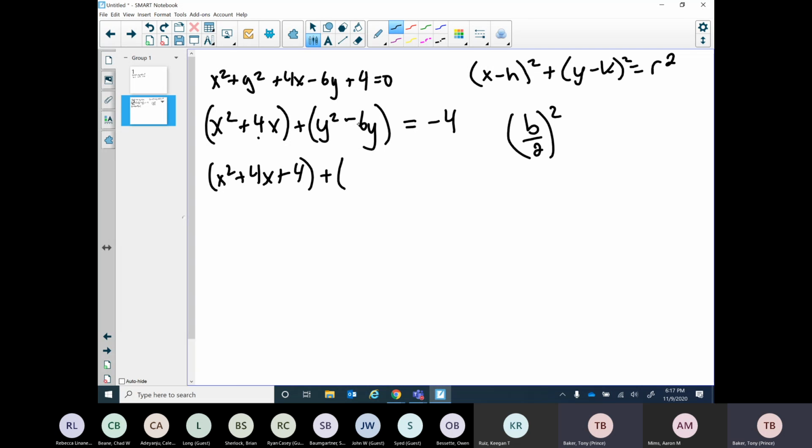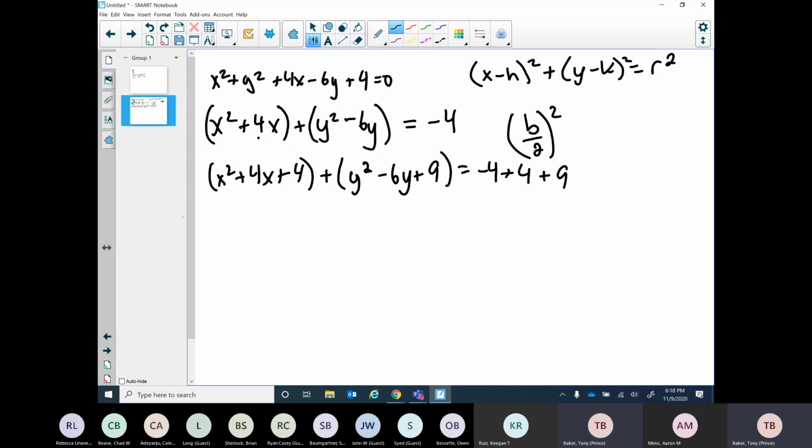Now the y one, I'm taking the -6 divided by 2, which gives me -3, and squaring it, which gives me 9. Since I added 4 and I added 9 to one side, I have to add it to the other side as well to balance my equation.